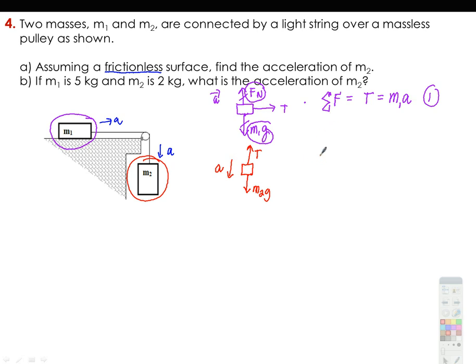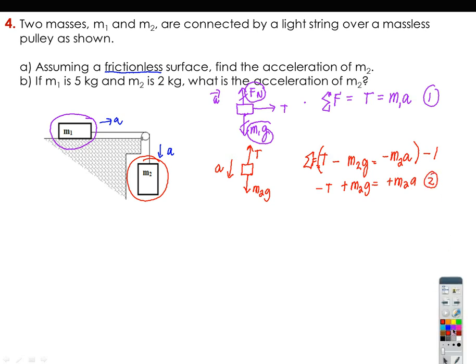So our net force is tension minus m2g, equivalent to m2a, and I do have a negative acceleration, so that should be a negative, and I remove that negative sign by multiplying both sides by a negative value. So you have negative T plus m2g equals plus m2a, and this is our equation 2.